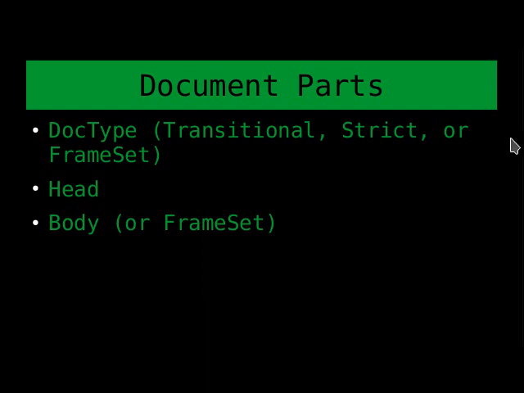But a lot of super efficient techniques cannot be done with strict, and that's the reason why I don't think I've really done a project outside of the experimental realm that I've used strict on. I almost always, for the web and for everything that I'm going to use a doctype on, generally use transitional or frameset. And we'll take a look at a little bit more of that too when we look into the different tag types.